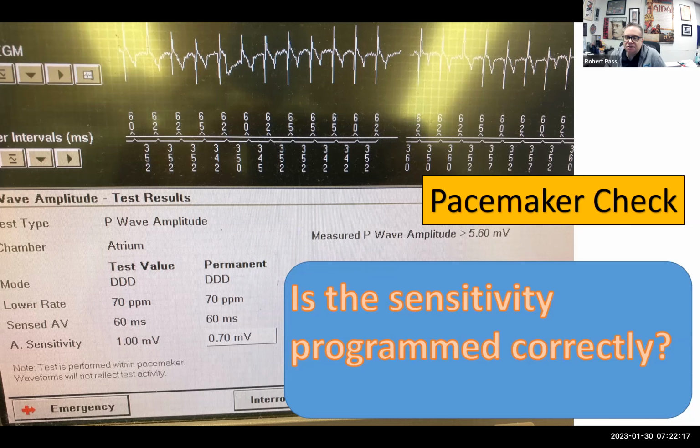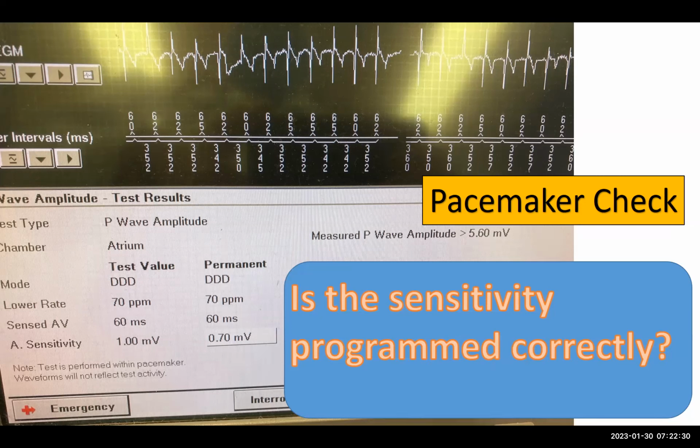Why don't we ask Sergey, what do you think? Good morning. So if the measured P wave amplitude is more than 5.6, and our sensitivity is set at 0.7, I wonder if the sensitivity should be a little bit higher.